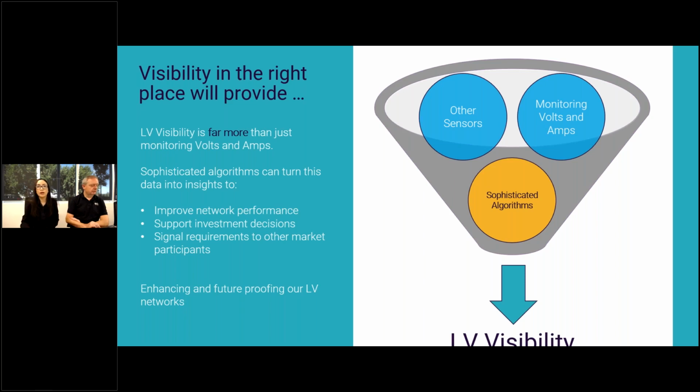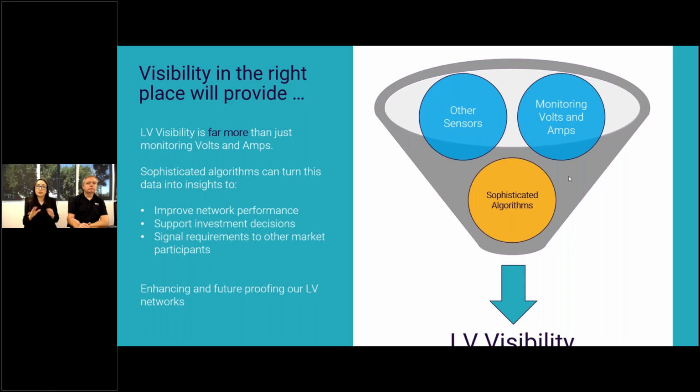Here we have an overview of the low voltage visibility approach that we use to develop the case studies we will discuss today. This approach is located at the low voltage substation. We use sensors to get the volts and amps.